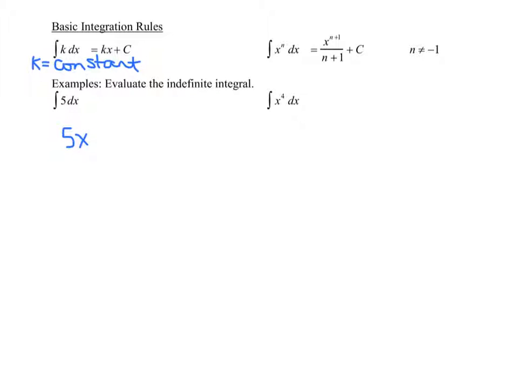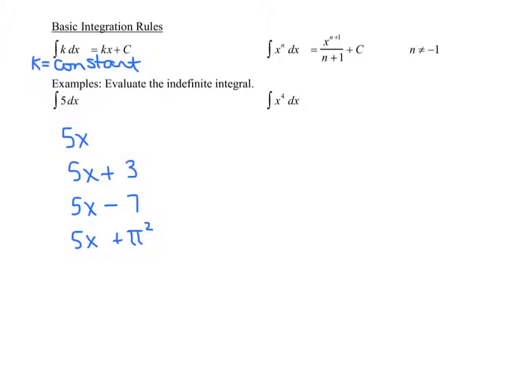But I hope you'll also agree with me that 5x plus 3 is also 5, as well as 5x minus 7, as well as 5x plus pi squared. All of those, when you take the derivative, you get back 5. So when I'm doing the integral of a single constant, its answer is going to be the constant times x, whatever the variable is of integration.